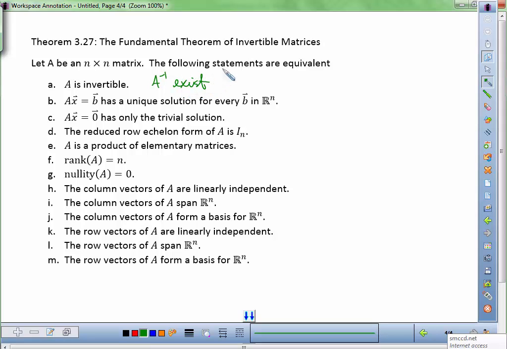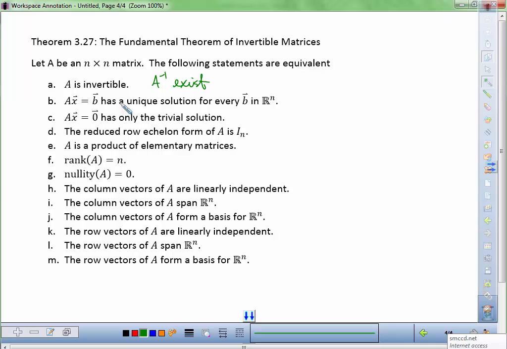And if your A inverse exists, it turns out that there's a whole slew of things that follow after that that's beneficial to us. That means that AX equals B has a unique solution. That means there won't be any free variables or any of that business. You can always find one unique solution.